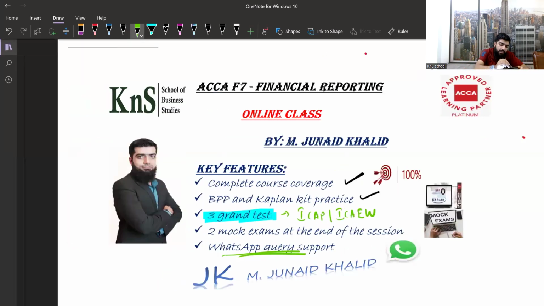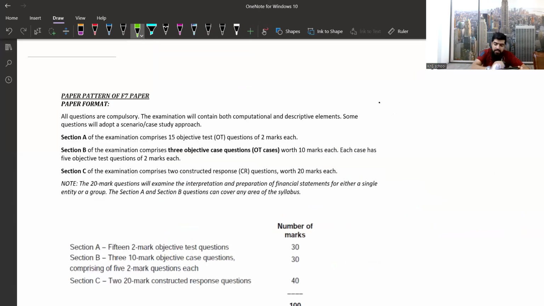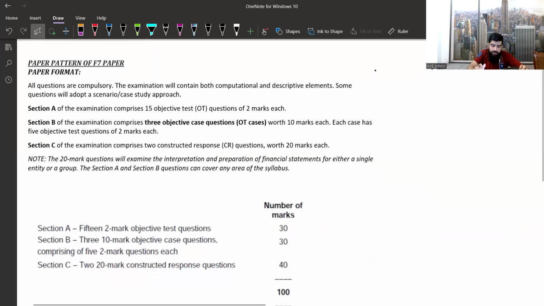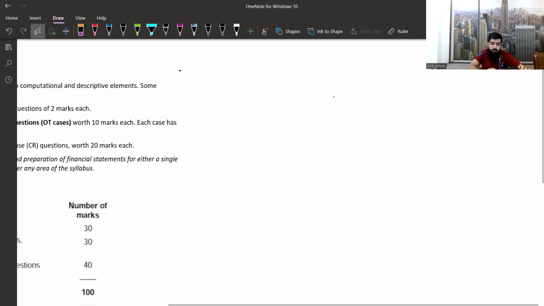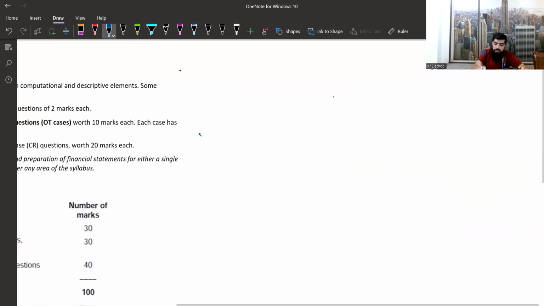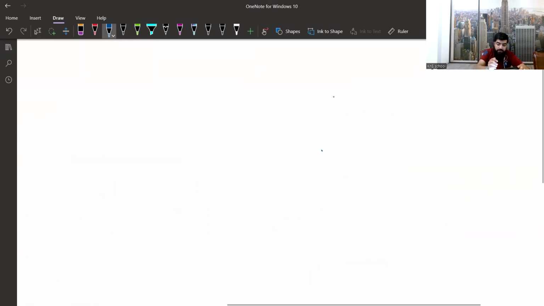One more very important thing I would like to discuss in this session is the paper pattern of the F7 financial reporting paper. But before I move on to the paper pattern, I would love to have a comparison with the previous paper, because there is a perception among students that the F7 financial reporting paper is similar to the F3 financial accounting paper you have done in your previous studies.